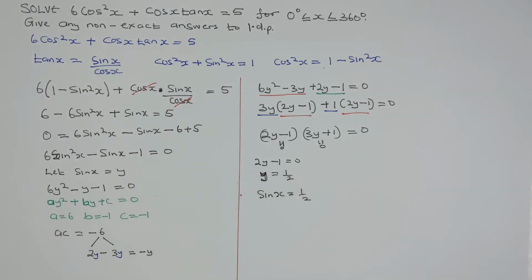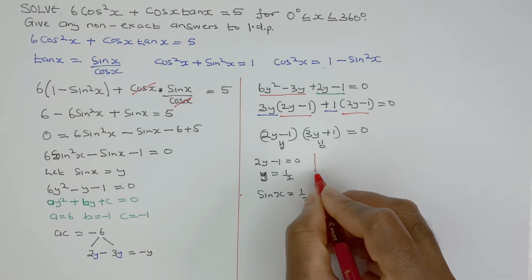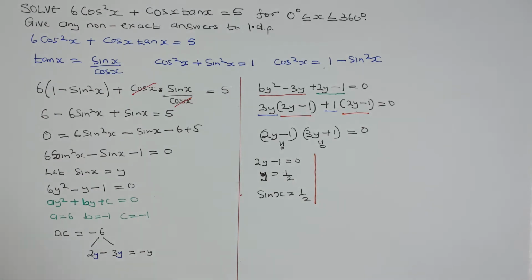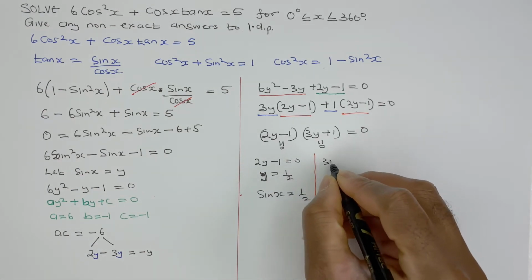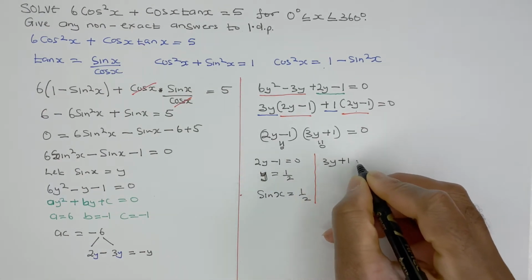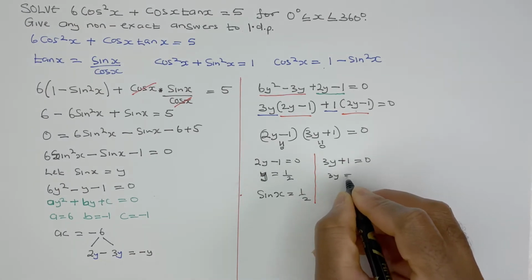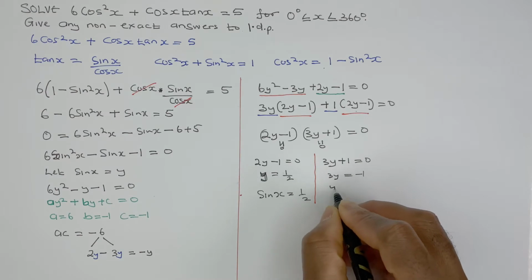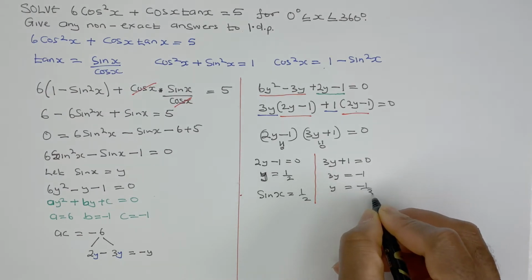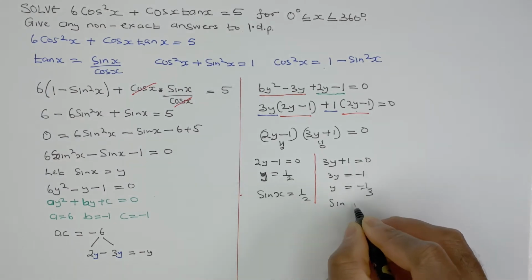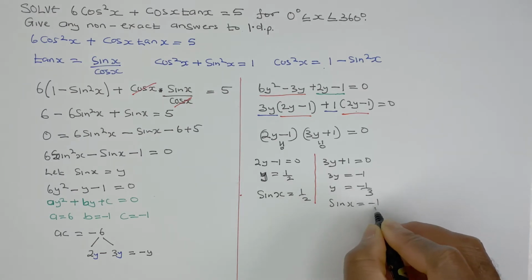So that's the first one. And the second one is when I set 3y plus 1 equal to 0. Therefore, 3y equals minus 1, y equals minus 1/3. Therefore, sine x equals minus 1/3.